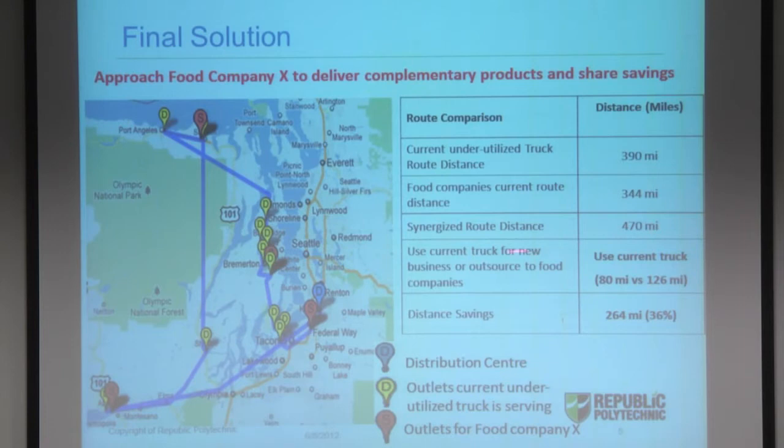Okay. And based on the synergized route distance, the current route distance by food companies and the current underutilized route distance, we can check whether it's better for Domino's Pizza, the underutilized route distance, to add, say 80 miles here, between 390 to 740, to deliver for this food company, or for this food company to deliver for Domino's Pizza instead.